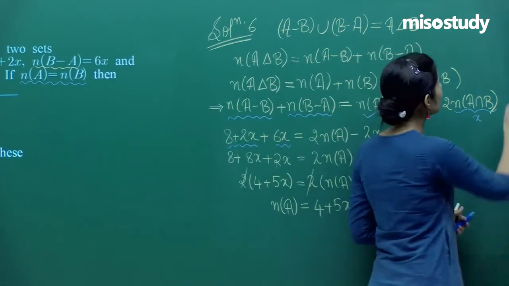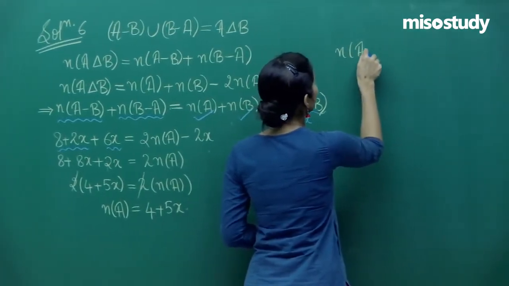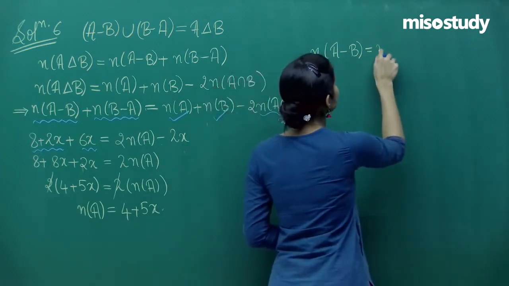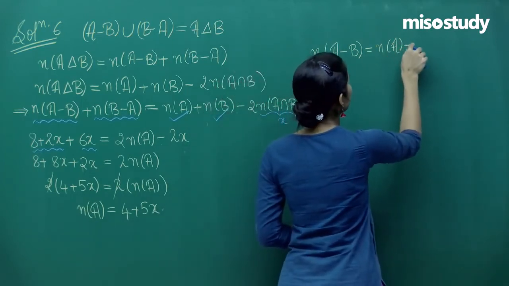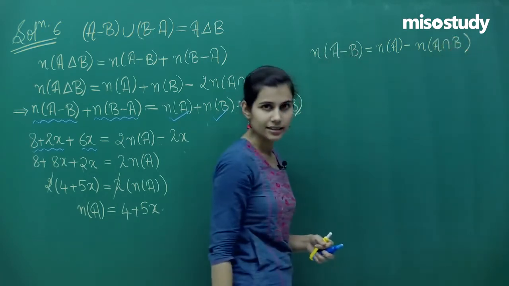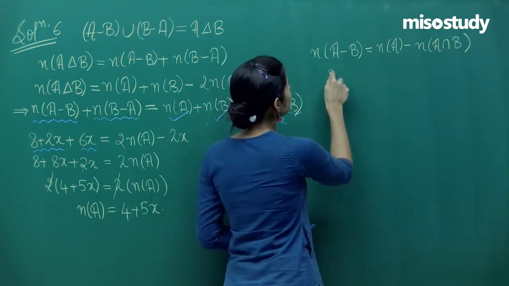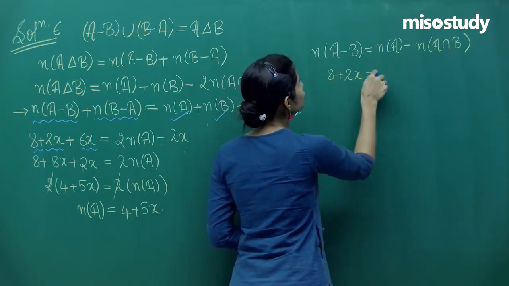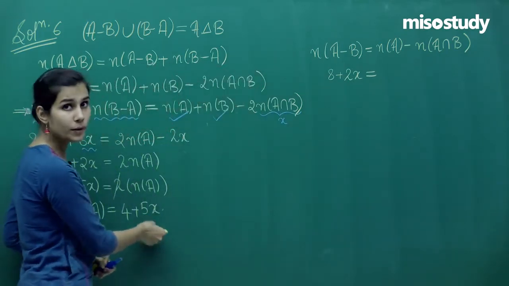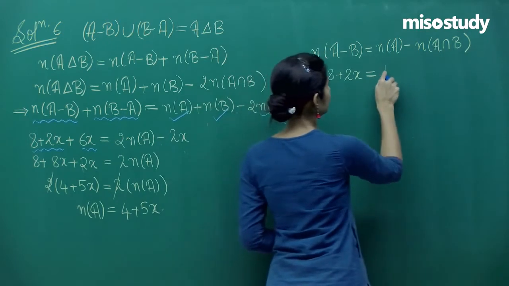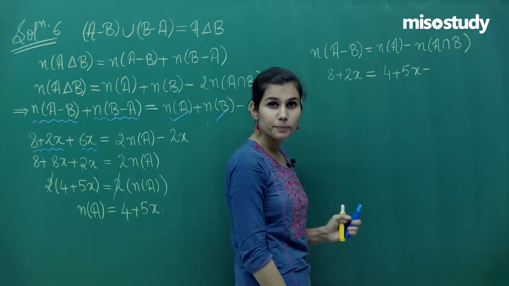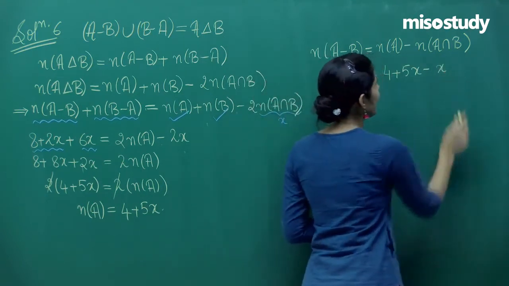Therefore, for the number of members in A minus B, you know what the formula is. It is the number of members in A minus the number of members in A intersection B. The number of members in A minus B is given to be 8 plus 2x. The number of members in A we have evaluated is 4 plus 5x. And we know the number of members in A intersection B is denoted by x.